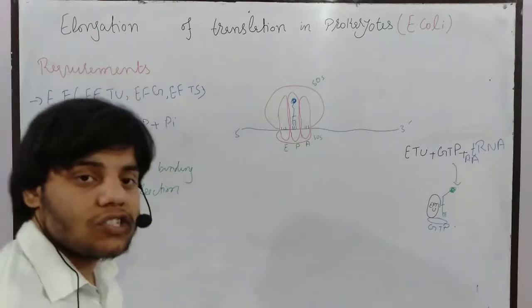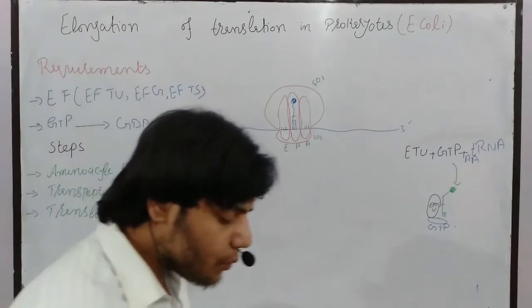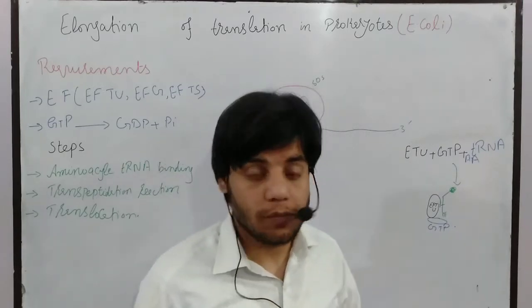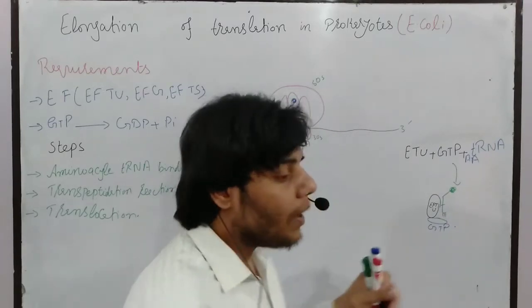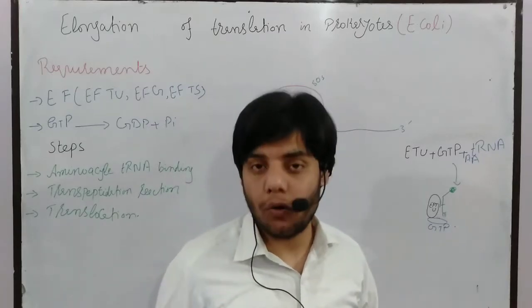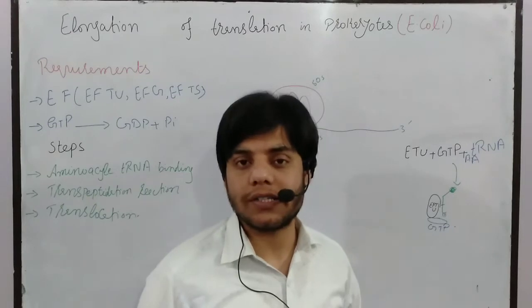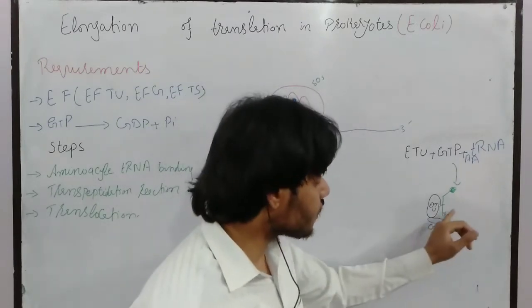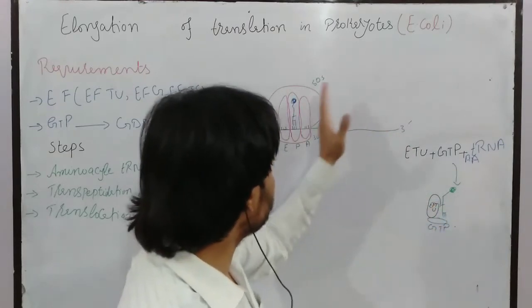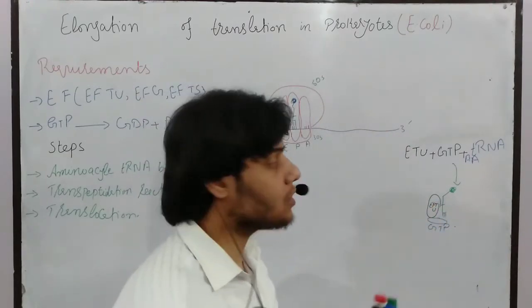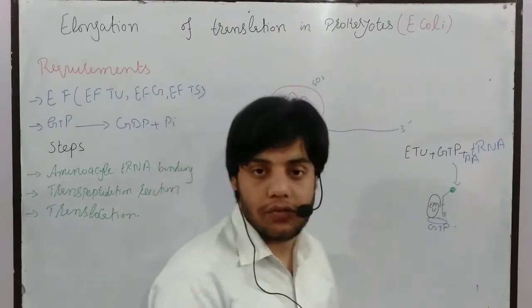And why are these GTPase proteins? Because they further give us energy. Remember, when GTP is converted into GDP and pyrophosphate, then energy is released. This energy is then absorbed by the transfer RNA for binding to the A site. So energy is required, and this energy is given by EF-Tu.